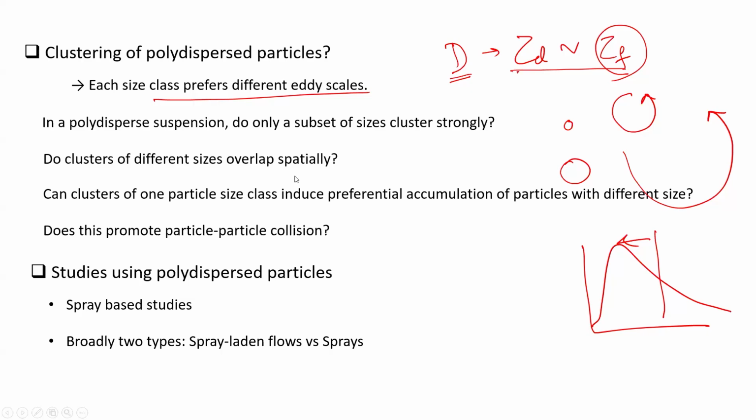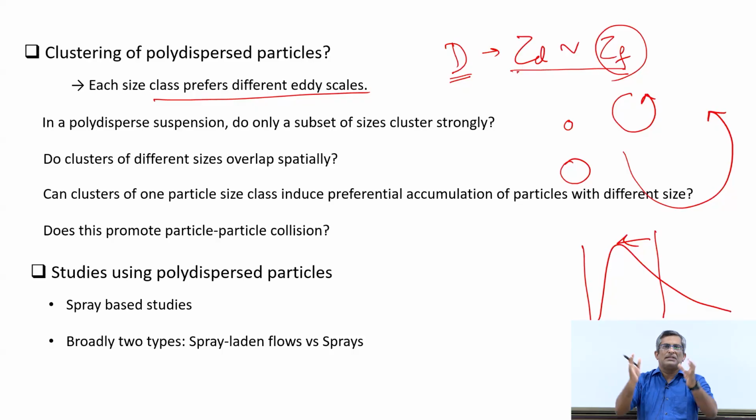As I said, particles of a given size would cluster around a typical eddy. We can have those typical eddies defined for individual particle sizes. So now, if I have all particles together, can we simply superpose the features, this plus this?